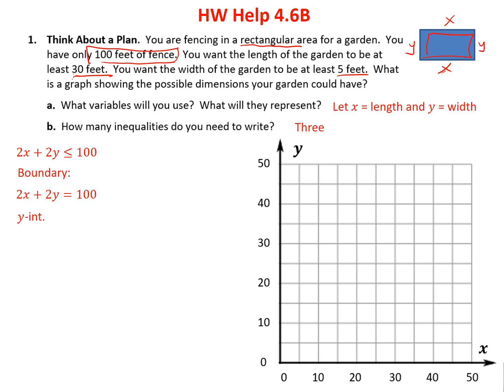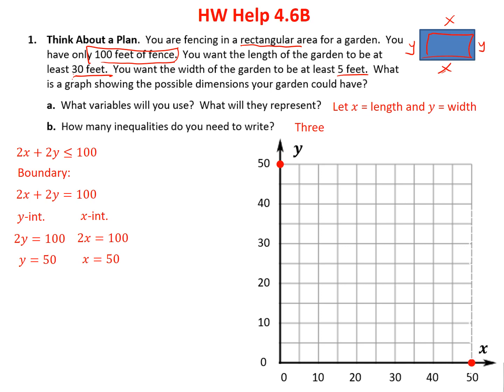If I start with the y-intercept, let x be 0, and I just have 2y equals 100. So divide by 2 and y equals 50. I can come over to my graph and mark in the 50. That's my y-intercept. Similarly, for the x-intercept, let y be 0, and so 2x equals 100, and that intercept is also 50.